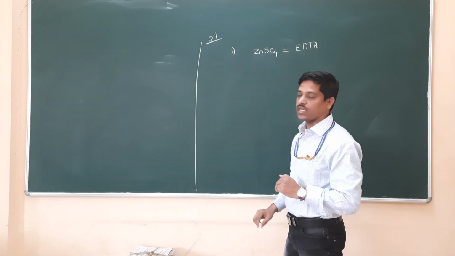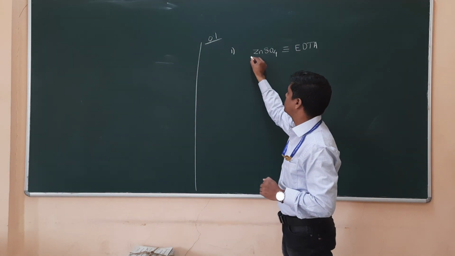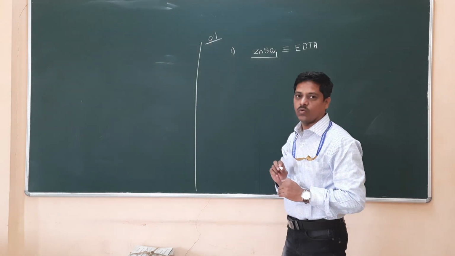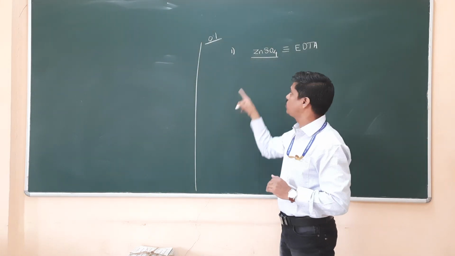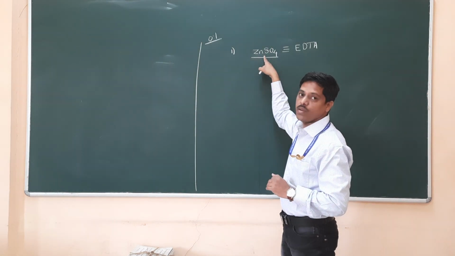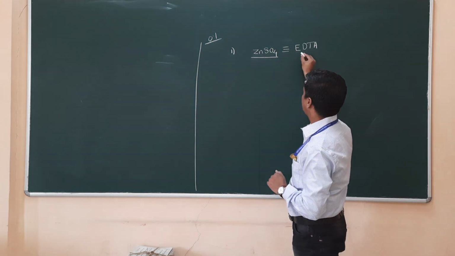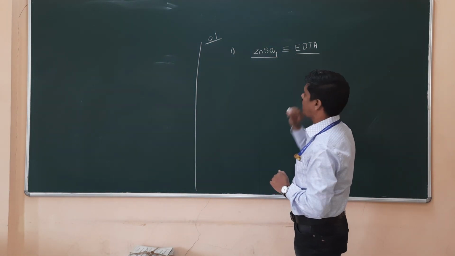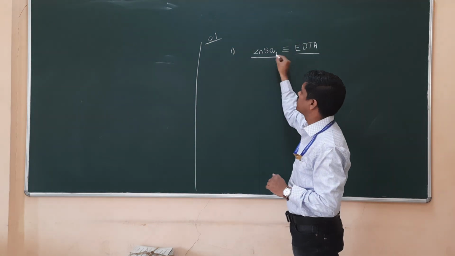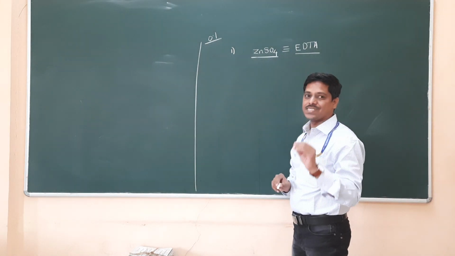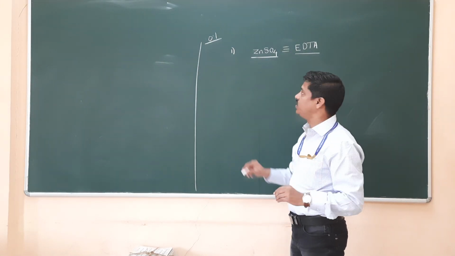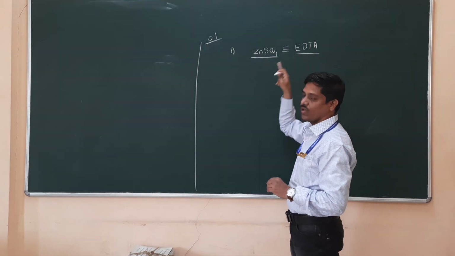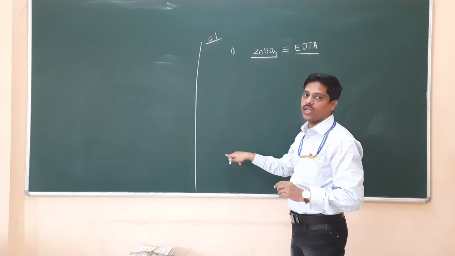But some substances are there, their molarity does not change with time. Right? Their solution's molarity does not change with time. That solutions are called as primary standard. And when we are titrating this type of secondary standard substance with the primary standard substance, we will get exact molarity of this EDTA, and that we will use in our calculation.